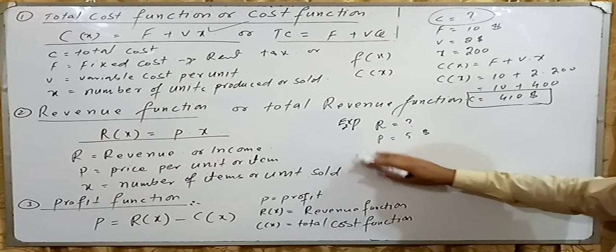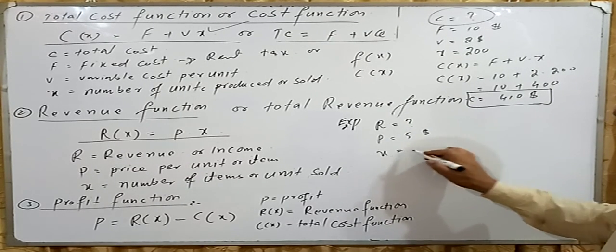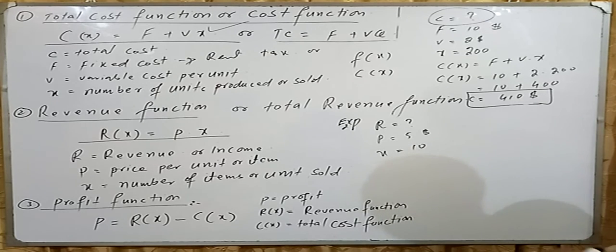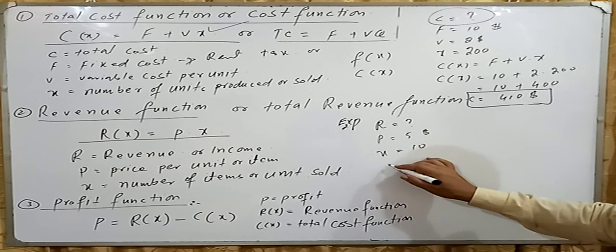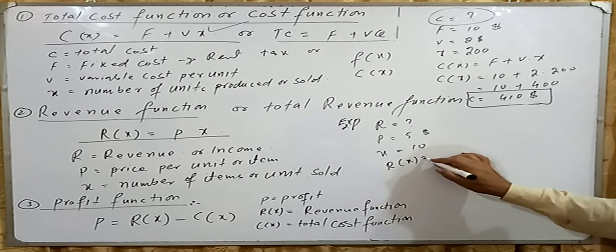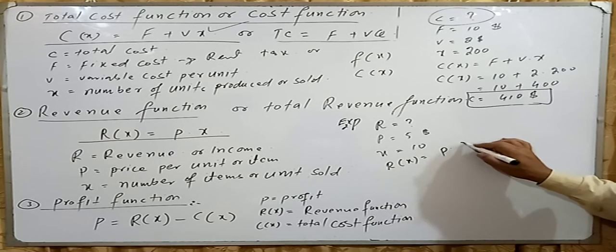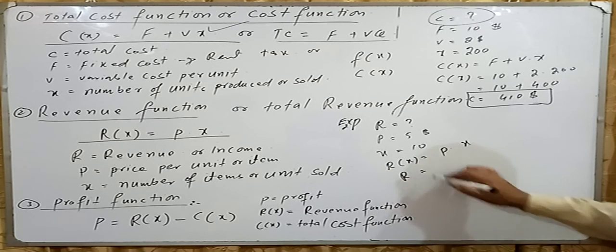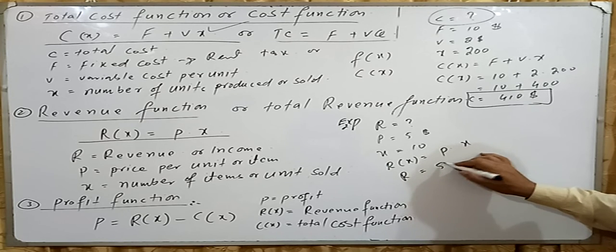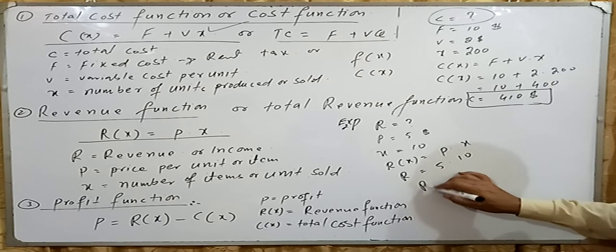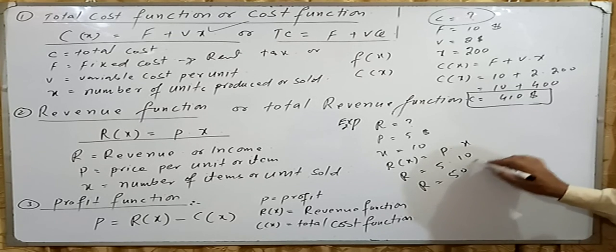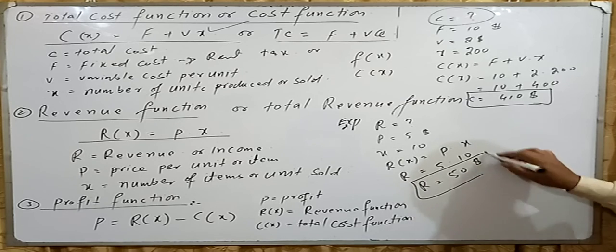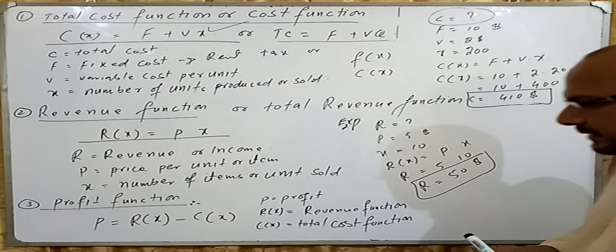So x is equal to 10. Now the units are 10. Here you will write the formula: R of x is equal to P multiplied by x. Just multiply them. So R is equal to P, 5, multiplied by 10. It will become $50. So this is the simple example.